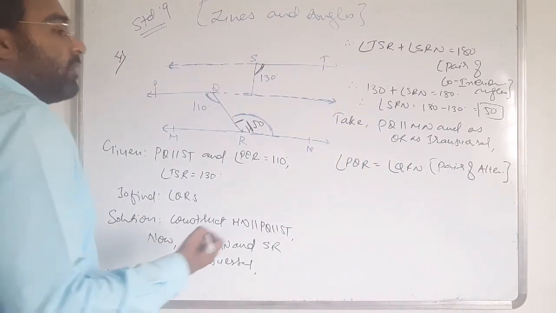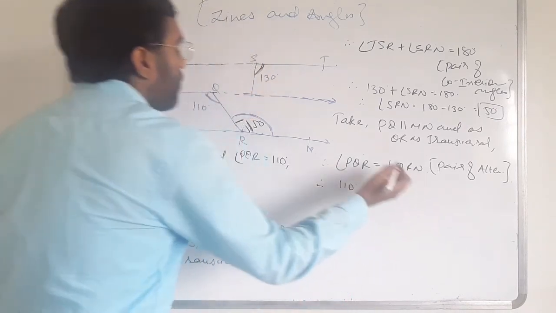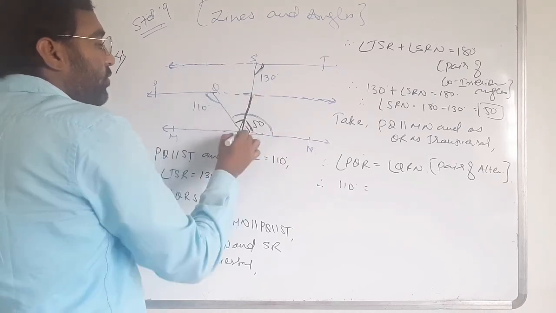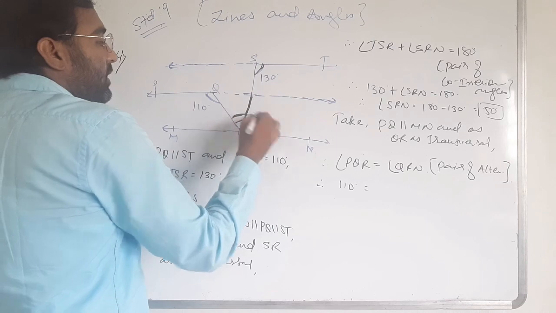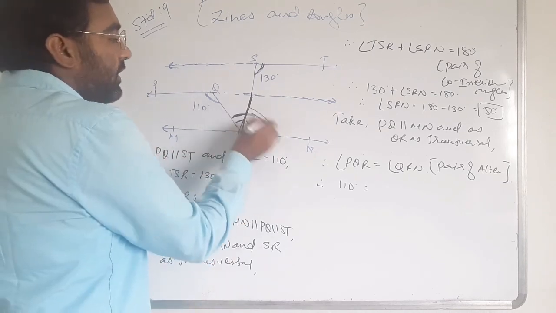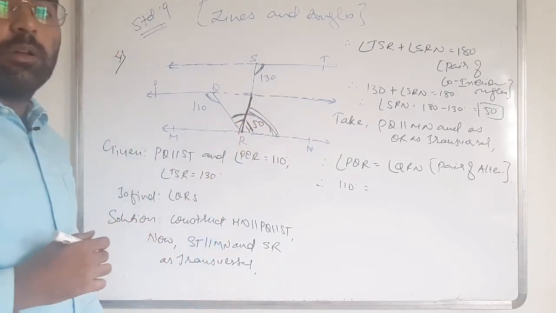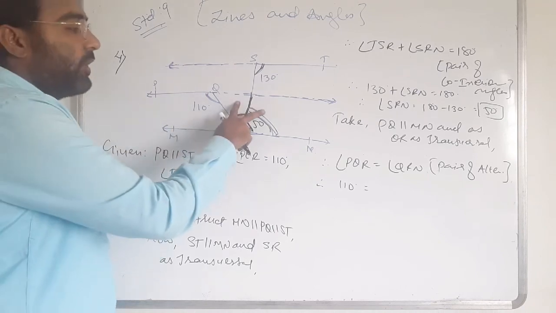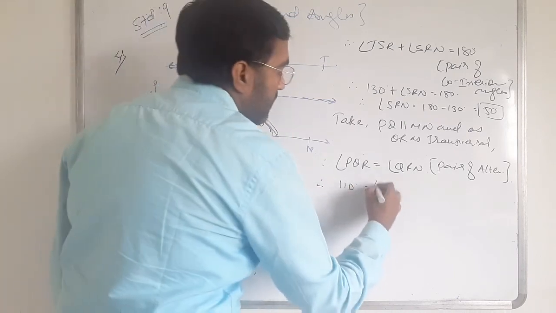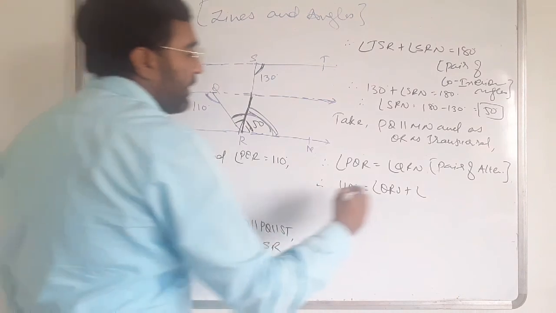Now PQR is equal to 110, but QRN, this part, is divided into two angles, one of them this and the second one is 50 degrees. One of them is QRS plus the second one is SRN.